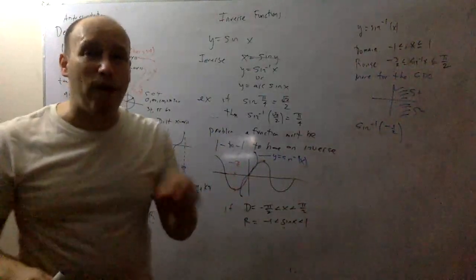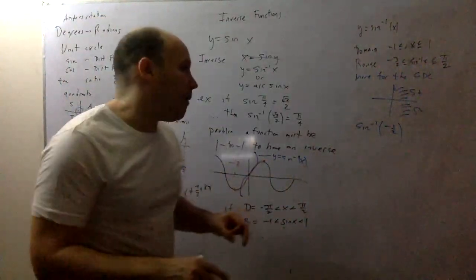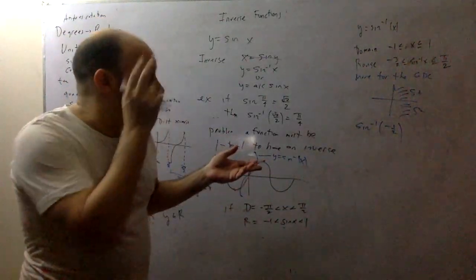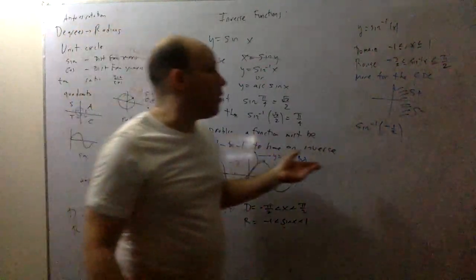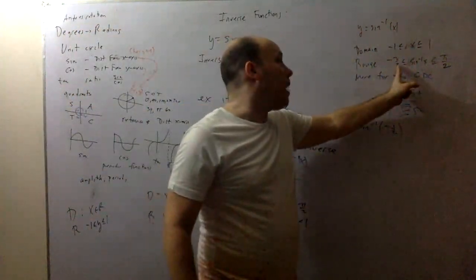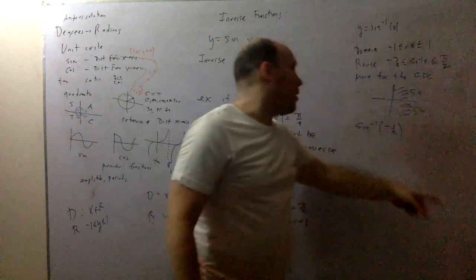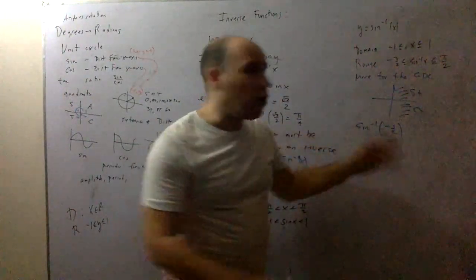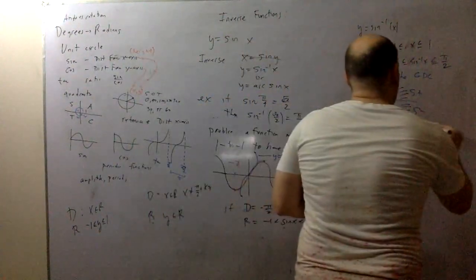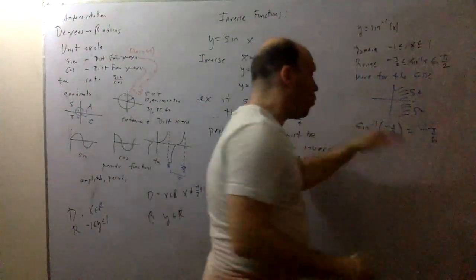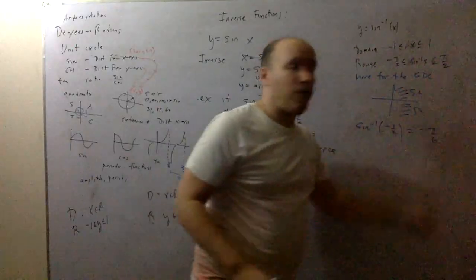We know it's a reference angle of 30, but because we've restricted the domain from negative pi over 2 to pi over 2, the calculator is going to say, you know what, negative 30. But once again, it's just so we know the reference and we know what's going on. Once again, we need an answer. It's either positive or negative.